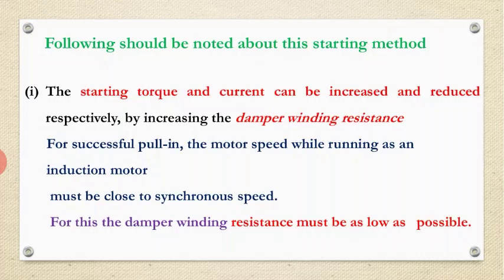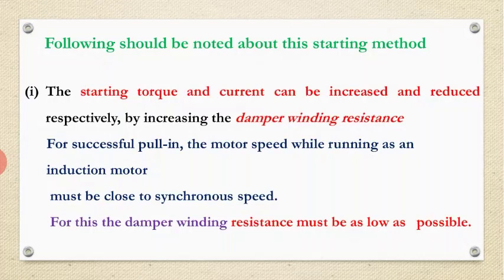Now the following should be noted about the starting method. There are a few points you need to take care of when starting the synchronous machine. The first one is that the starting torque and current can be increased and reduced respectively. I repeat, the starting torque can be increased by increasing the damper winding resistance.